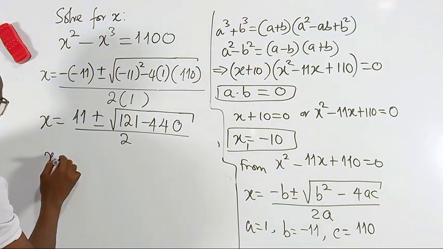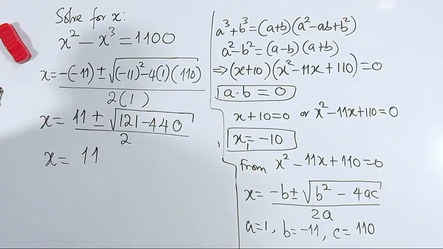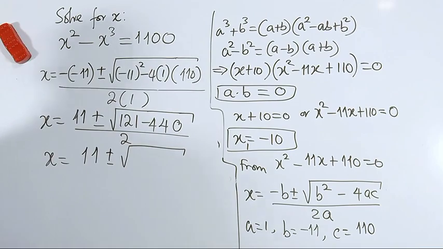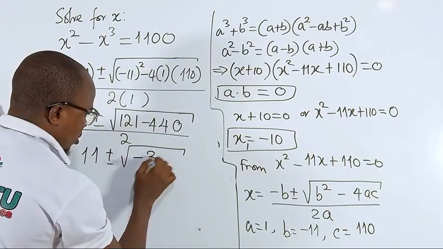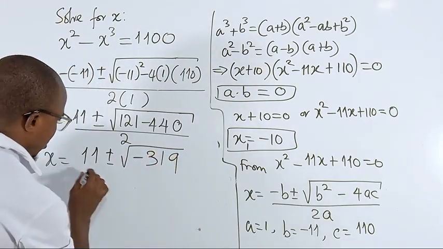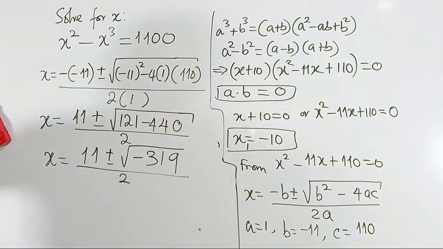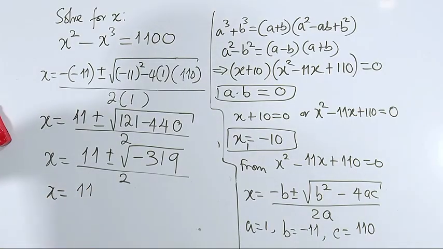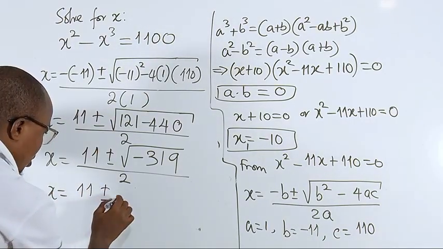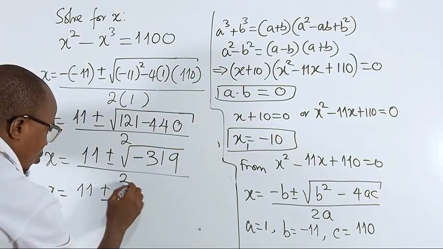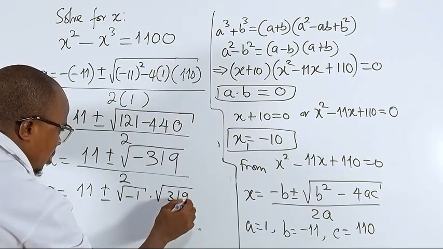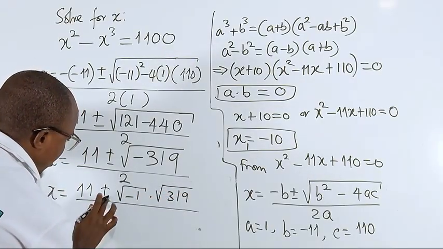So we have x equals 11 plus or minus the square root of 121 minus 440, that is minus 319, all over 2. So we're going to have x equals 11 plus or minus the square root of minus 1 multiplied by the square root of 319, all divided by 2.